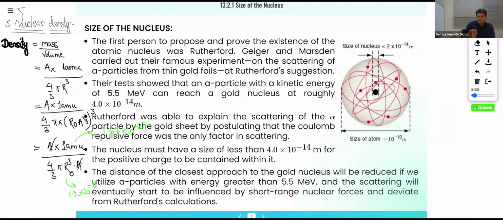See, you have all the values of the constants. If you substitute these values, you will get density value as 2 into 10 raised to 17 kg per meter cube. Okay, yes, this is our nuclear density.